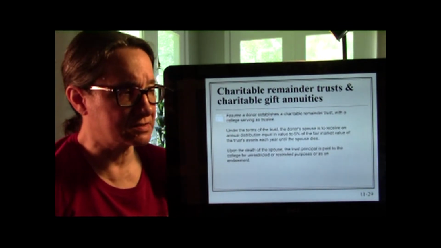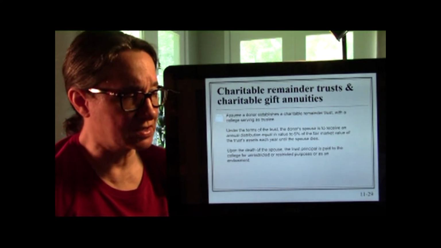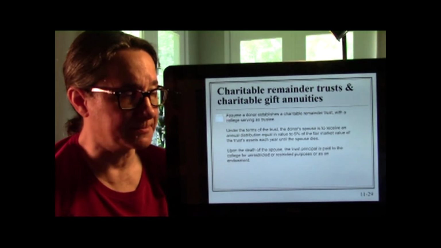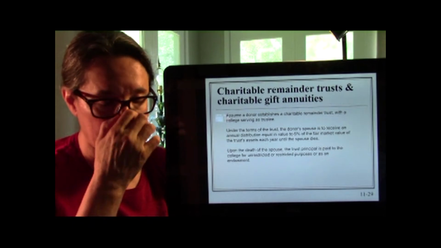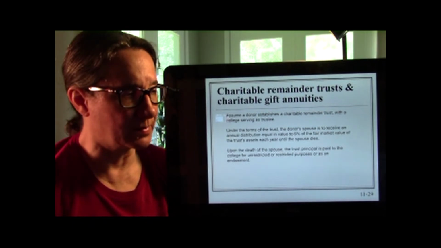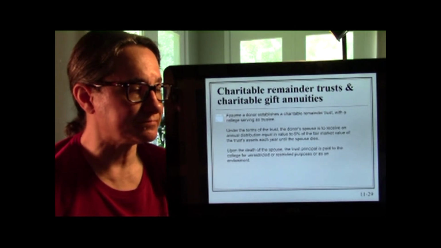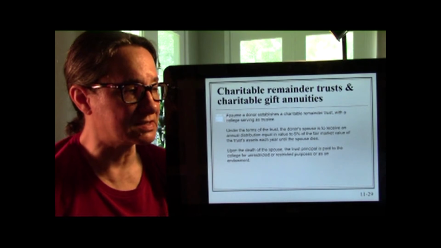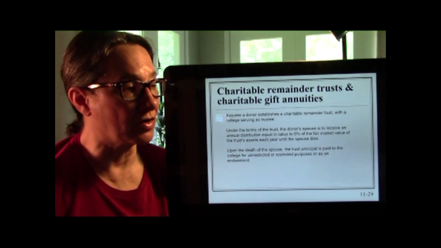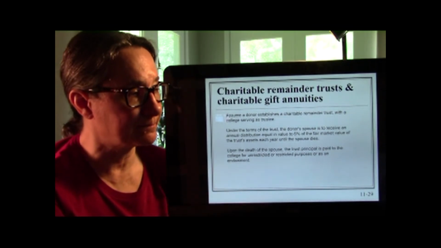Gift annuities are a charitable remainder trust with the college serving as the trustee. This is what I tend to think of as a more typical thing. Under the trust, the spouse receives an annual distribution, and once that spouse dies, then it all goes over to the university.